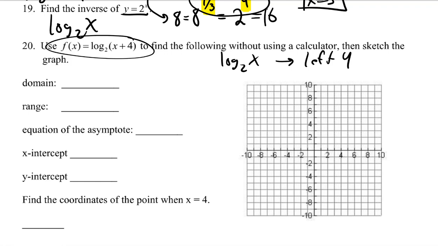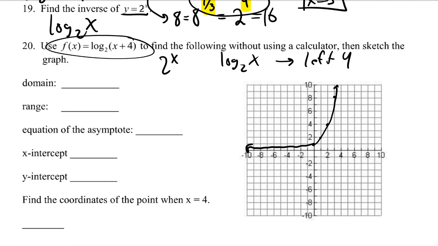But to be accurate and get some points, this is where the last 2-3 weeks worth of work has been helpful. If 2 to the x is its inverse, graph 2 to the x. 2 to the 0, 2 to the first, 2 squared, 2 to the third, etc. This is the exponential function that you quizzed over last time.